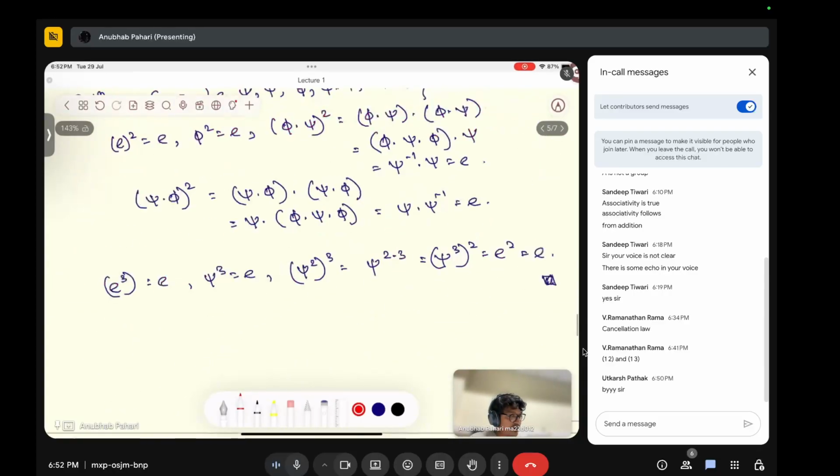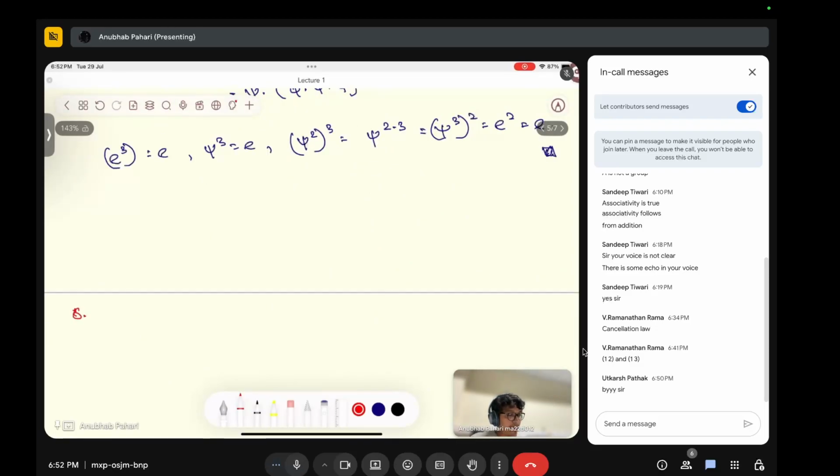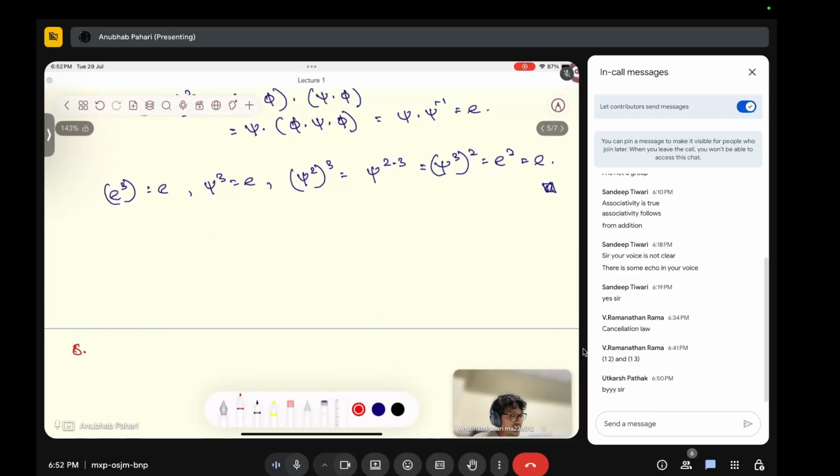Should be problem 6. Now, this one is interesting. If G is a finite group, so by finite group I mean a group with a finite number of elements, that we just talked about earlier.